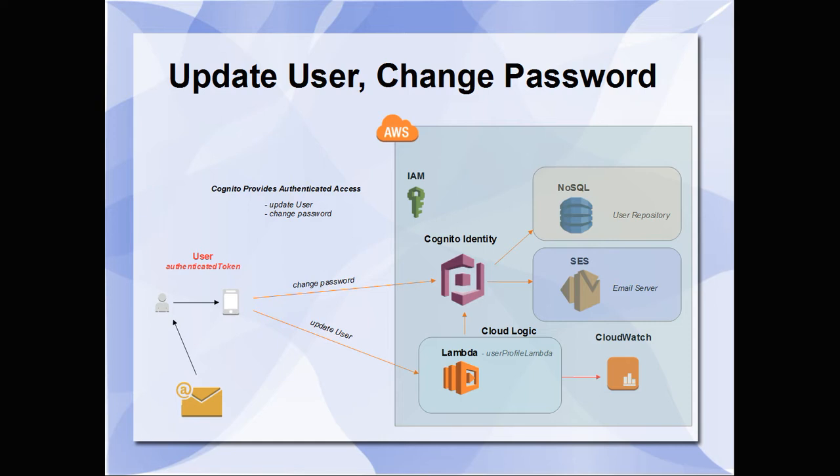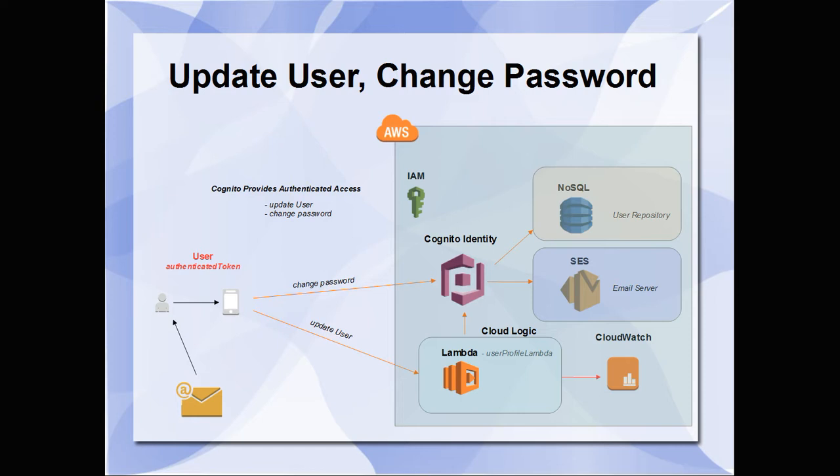Behind the scenes, it's delegating that over to Cognito user pool, which uses the NoSQL user repository, DynamoDB, and at the same time, it might use an email server to send a message saying you've changed your password.